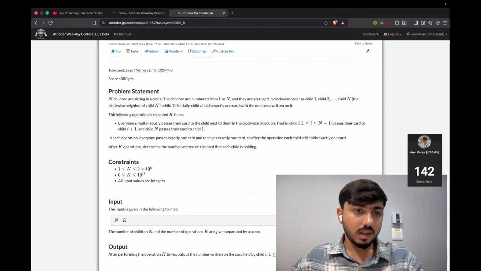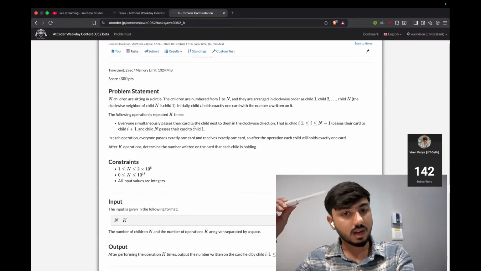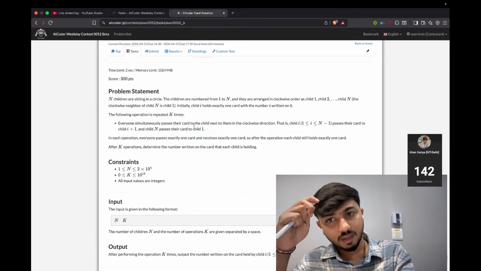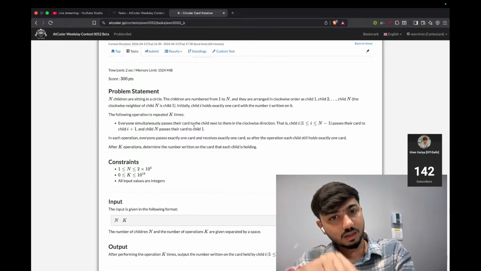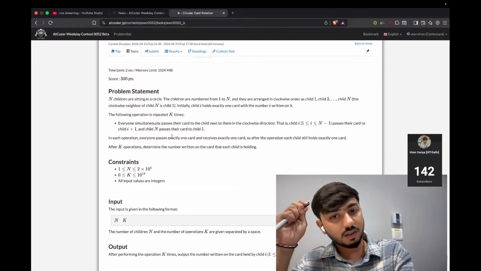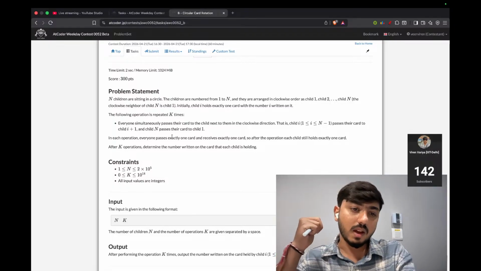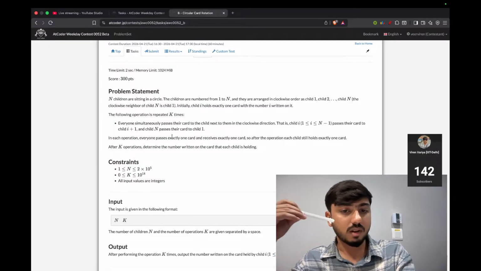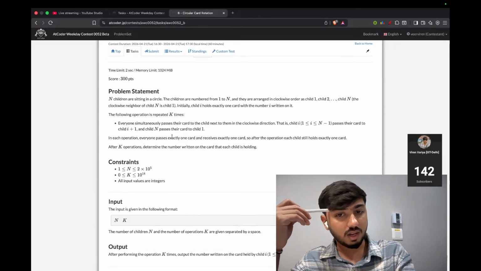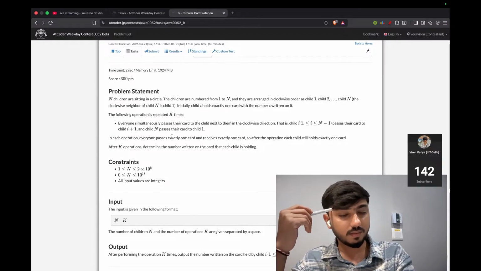The operation is this: everyone simultaneously passes the card to the child next to them. In each operation, everyone passes exactly one card and receives exactly one card. After K operations, determine the number written on the card each child is holding.